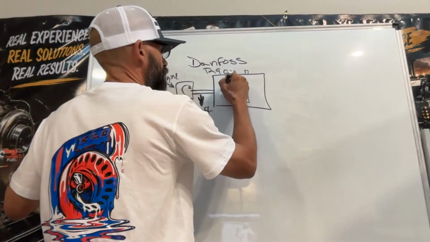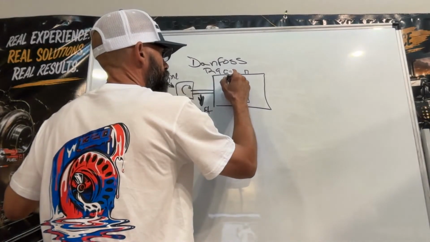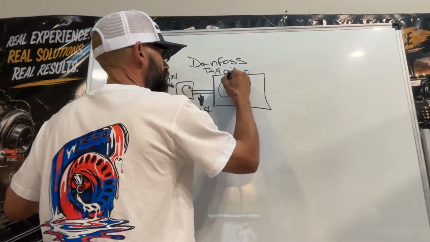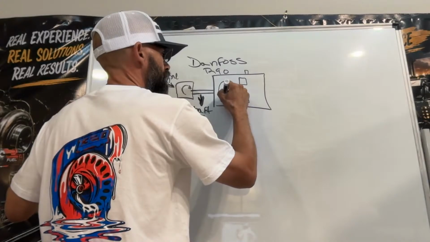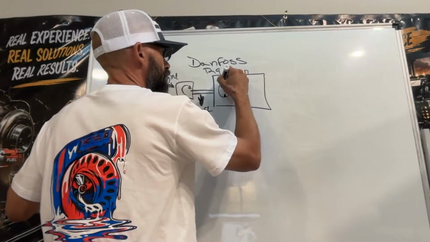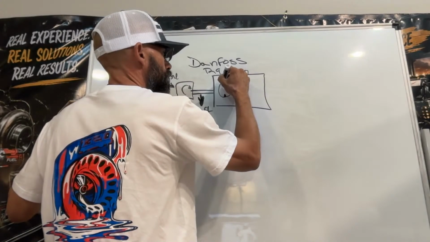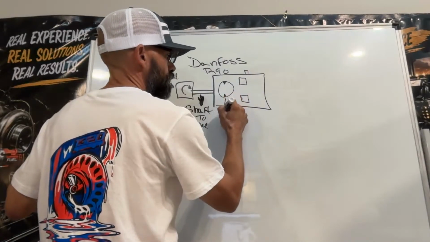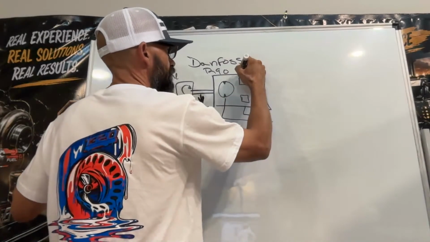So right here, you're going to have a symbol like this, an arrow, and then another arrow, and then some lines that go to tank.